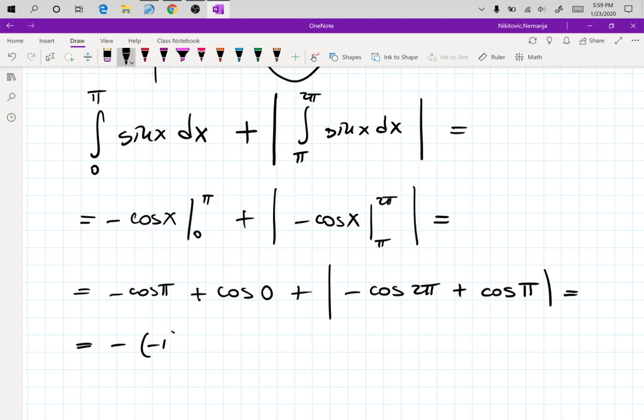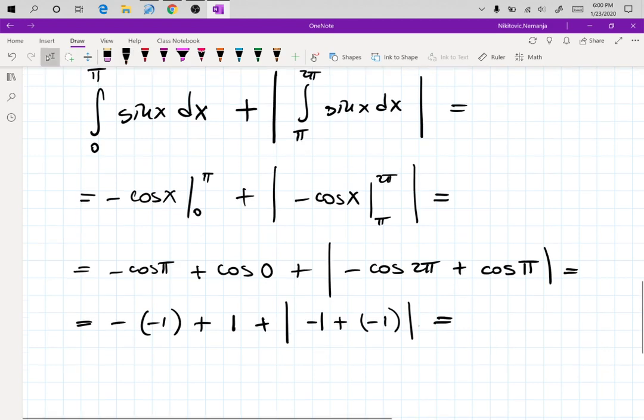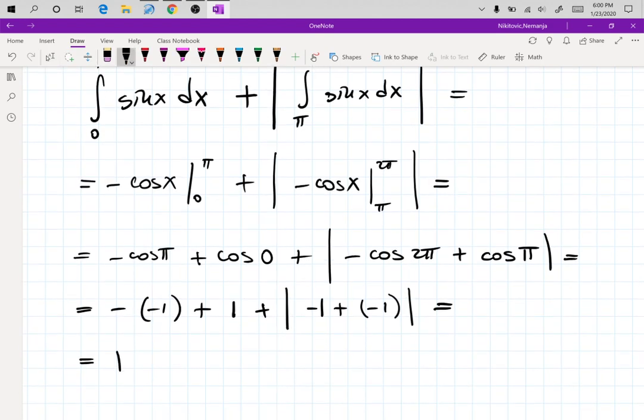So we have negative 1 plus cosine of 0 is 1, plus the absolute value. Cosine of 2 pi is 1, so that's going to be negative 1 plus cosine of pi is negative 1. That's 1 plus the absolute value of negative 2, which is 2, plus 2, which is 4. So now we know that the area under the sine graph is 4. If this graph was done in, I don't know, feet, it would be 4 square feet of area to paint.